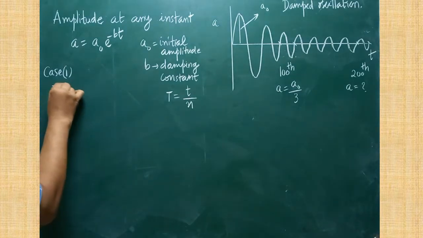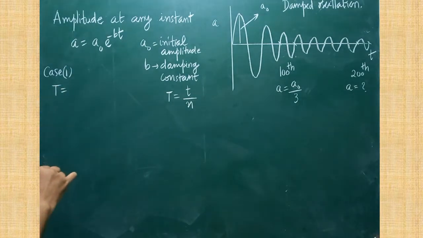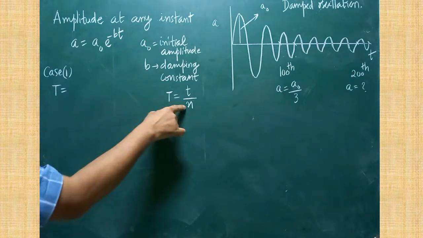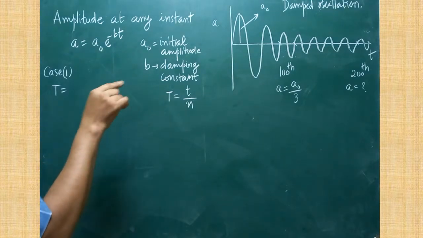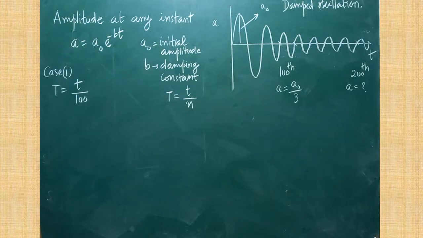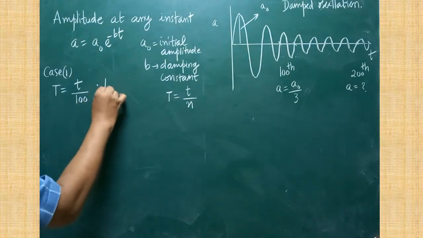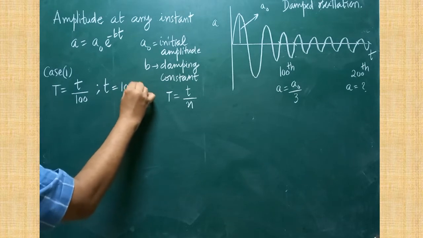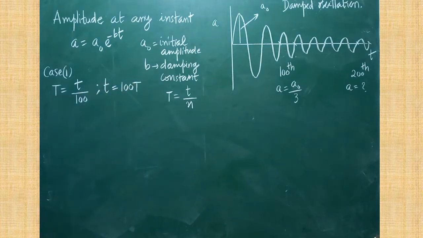T is equal to, what is T? Time period. To calculate the time period, how to use this formula? Small t, total time taken to complete 100 oscillations, divided by number of oscillations, which is 100. Therefrom you will get small t. Small t is equal to 100T. So this is case 1.